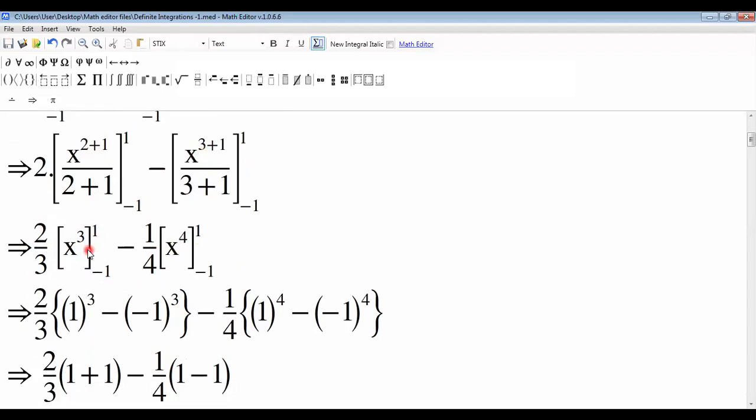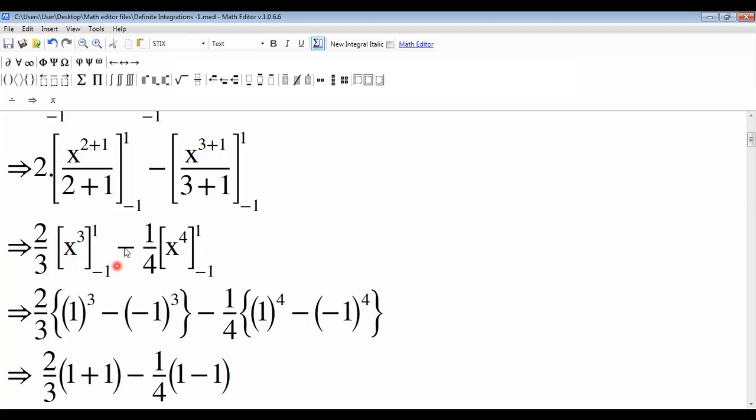Now putting the upper limit x equals 1 here, we get 1 cube. After putting the upper limit, we use a minus sign, then put the lower limit in place of x, so x equals minus 1.